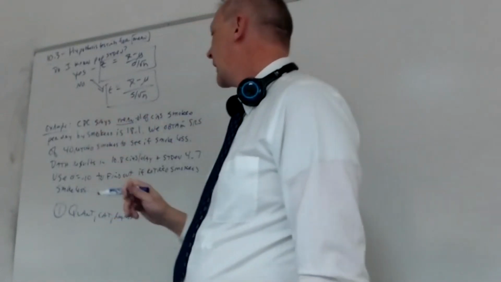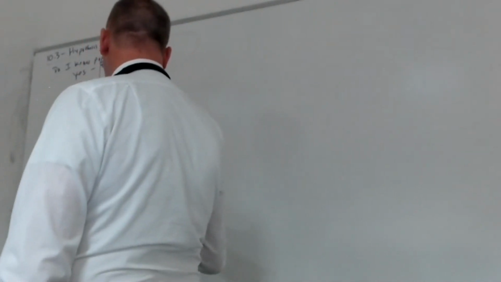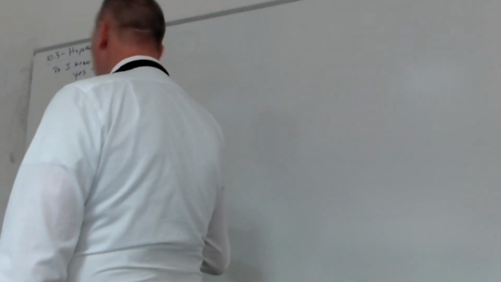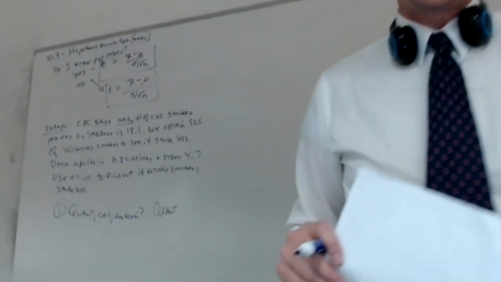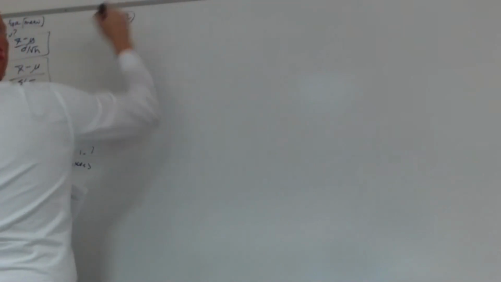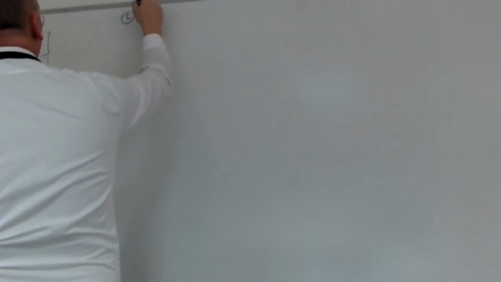Maybe I'll just add this as part of step 3. So quantitative is correct. Question number 2 is, find the null and the alternative hypothesis.